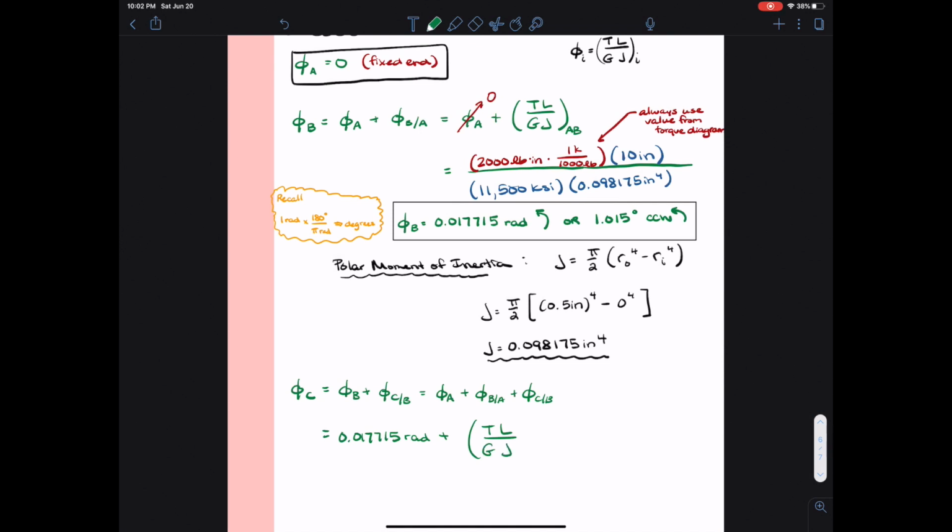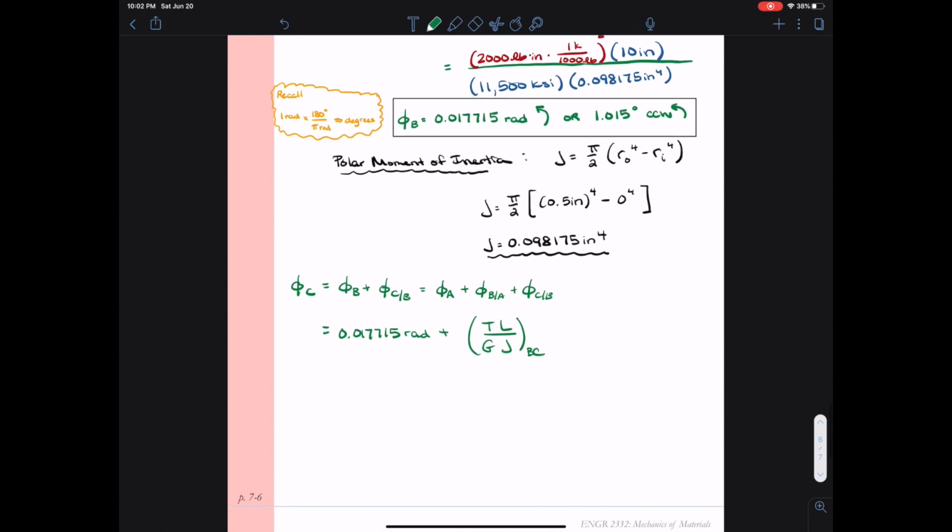To that, we need to add the angle of twist phi C of point C relative to point B. This is going to be the value TL over GJ for segment BC. So I keep that first number the same, and now we have to do the calculation for segment BC. Again, I want to reference my torque diagram.